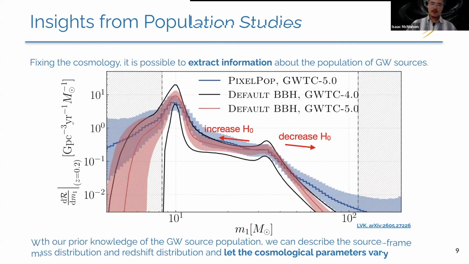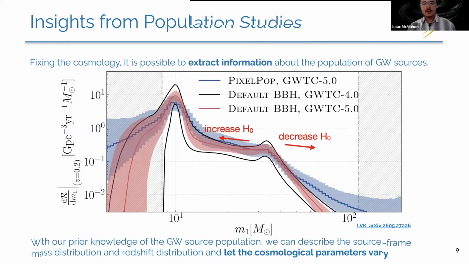If we look at the population studies that happen alongside our cosmological studies, we can actually fix the cosmology and find out what the general shape of the mass distribution is, right? Through other studies, we know that the mass distribution of gravitational wave sources has a certain shape.